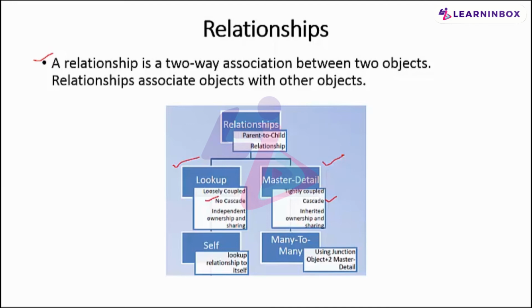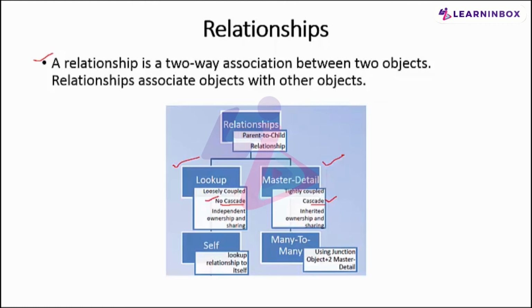Whenever I have a relationship between two objects, a parent object and a child object, and if I delete the parent object, then if the child object gets deleted automatically, that is called cascade deletion. And on the contrary, if I delete the parent object and that deletion doesn't affect the child object, that is called no cascade deletion.